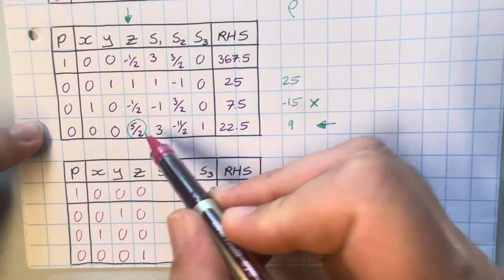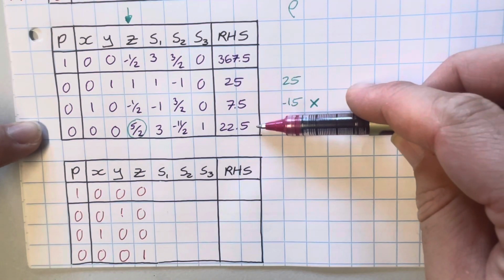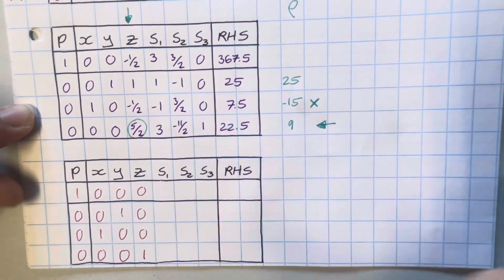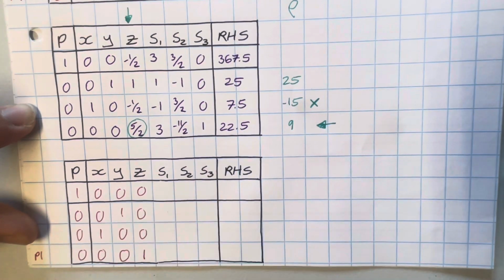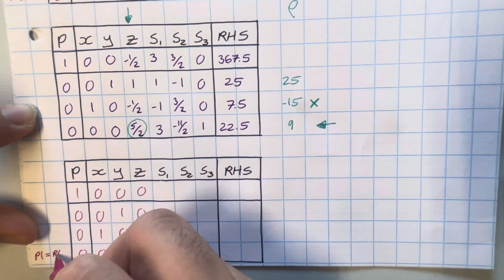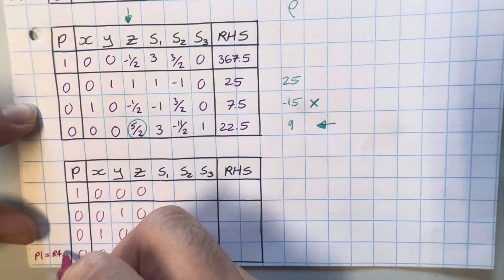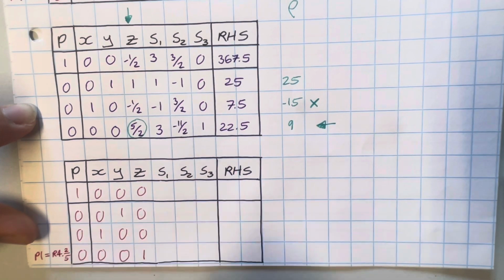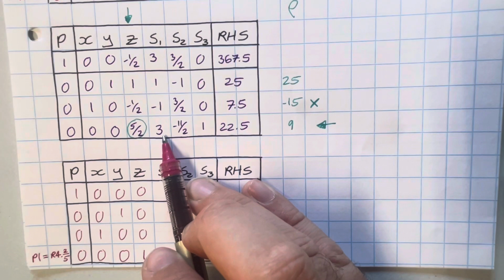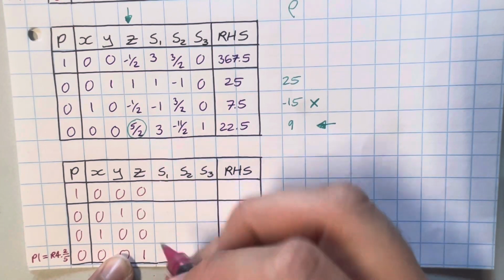Okay, so to get to this new row, we're going to divide everything in that row by 2.5. So the pivot row is now defined as being row 4 divided by 2.5, which is the same as timesing by 2/5. So 3 multiplied by 2/5 is 1.2.